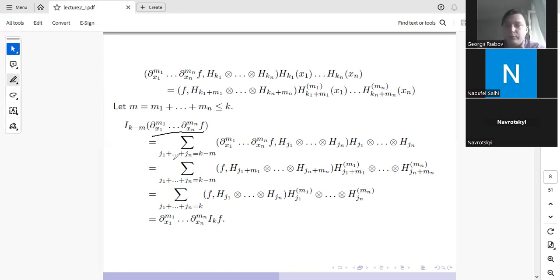This is the sum over all j1 plus ... plus jn equals k minus m of inner products times Hermite polynomials, but we already computed this. It is equal to such inner product of f, but with other Hermite polynomials, and multiplied by the derivatives of other Hermite polynomials.